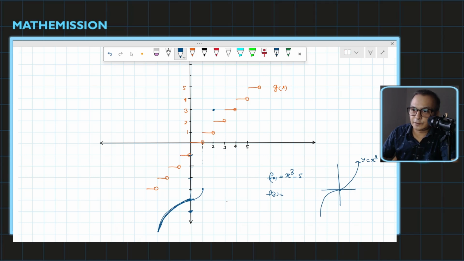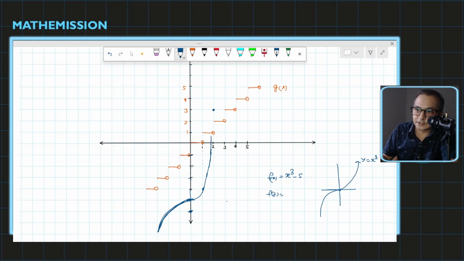So how will it pass like that? Of course, I have to cross this, because at 1, it cannot turn to this side. And at 2, it has to be at this point. So what will happen? It has to cross somewhere like this. And at 2, it cannot cross this point actually, otherwise at 2, the value would be 5.